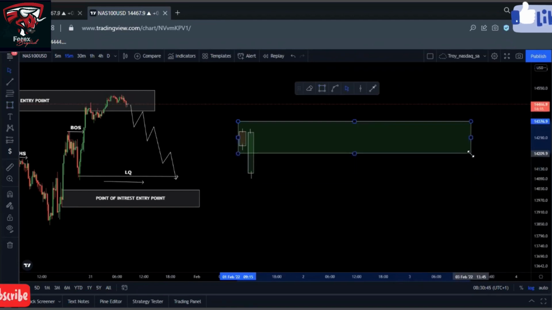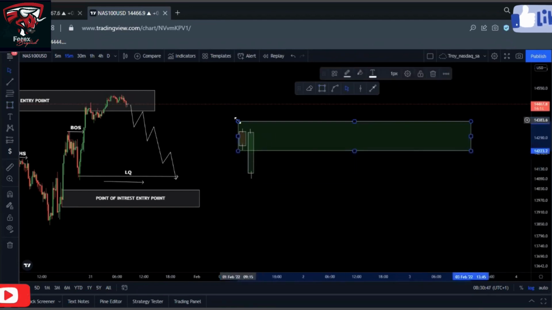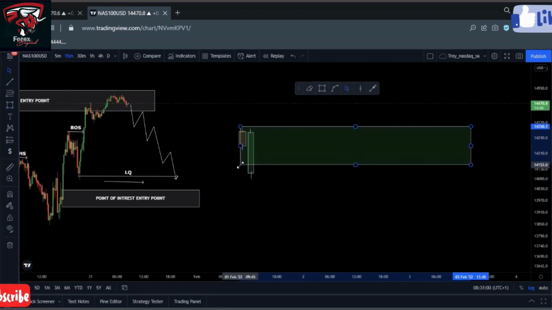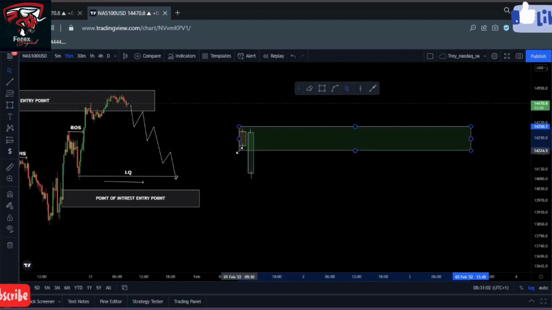You just cover the bearish candle before the one choosing the direction. That's your point of interest there. You just cover the whole candlestick of the previous one.